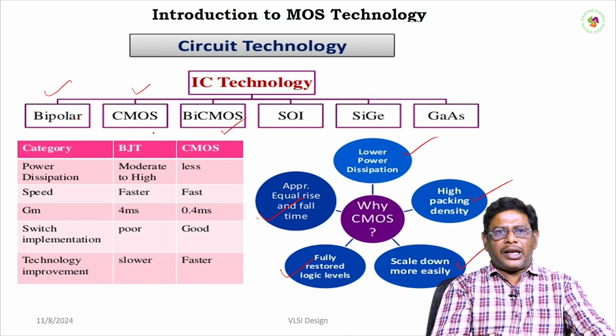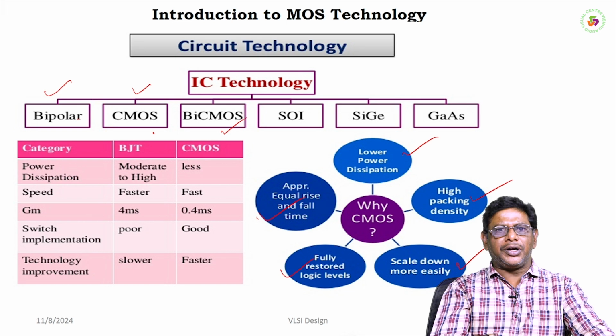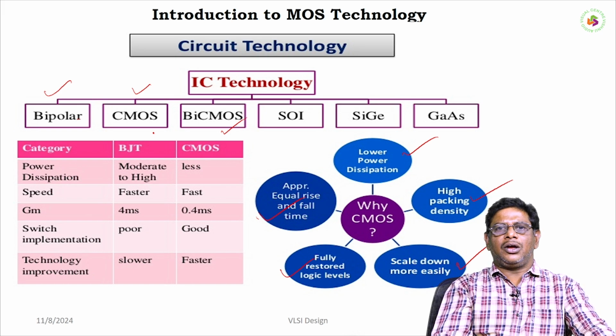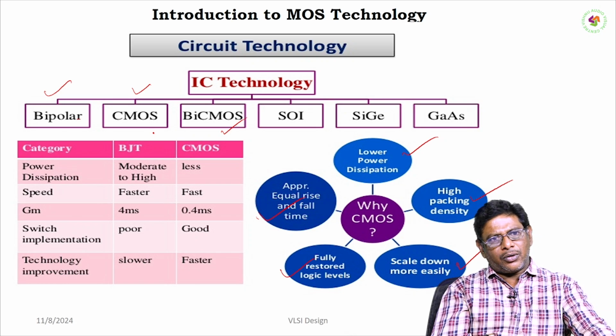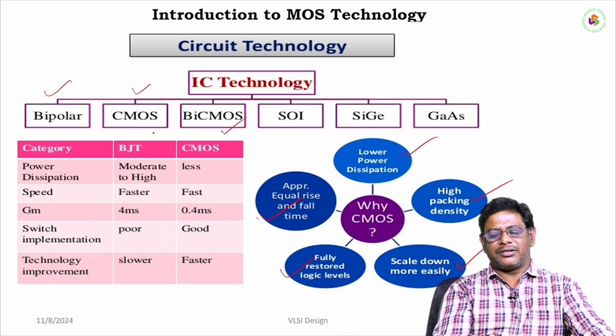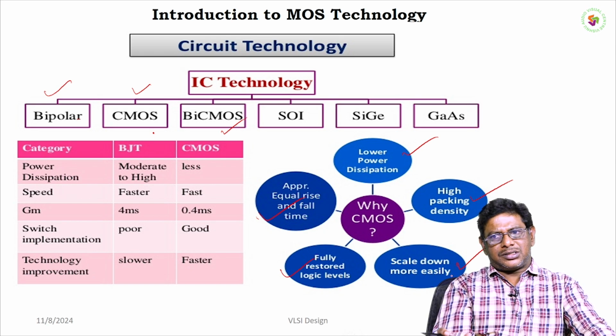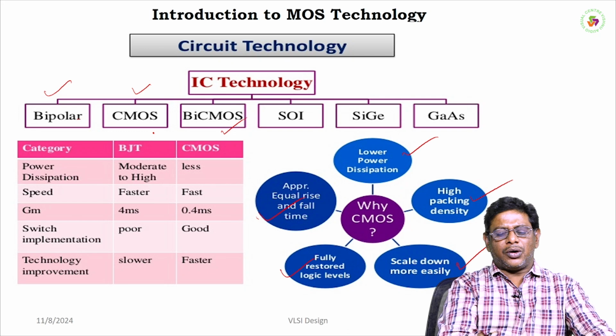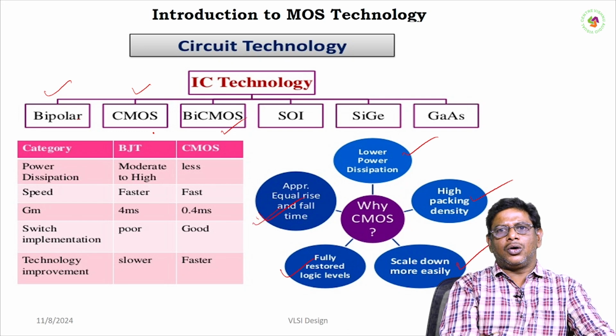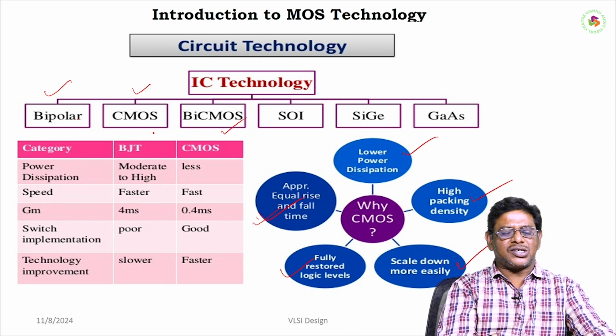Next, we can incorporate more components for multiple functionalities. We can scale down to a larger extent so that multiple functionalities can be defined. At the same time, we can go to lower values of channel length so that we can integrate more components into it. So equal fall and rise time is a major advantage of CMOS technology.